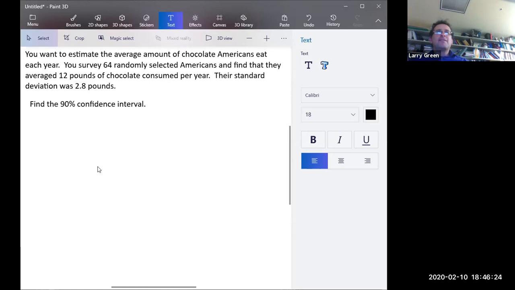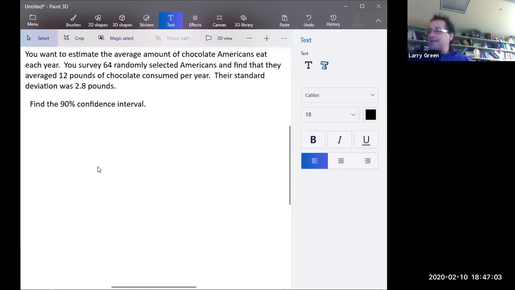Okay, the big difference, average, that's all kind of part of it, but the main thing is that this is quantitative. The last survey question was yes or no. This is not yes or no. The survey question I would ask you is, how much chocolate did you eat this year? And you're going to answer, I don't know, 14 pounds of chocolate. Does that make sense? When you have a quantitative survey question, we're going to do things a bit differently. Any questions so far?